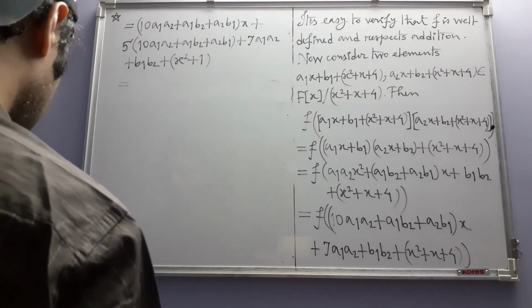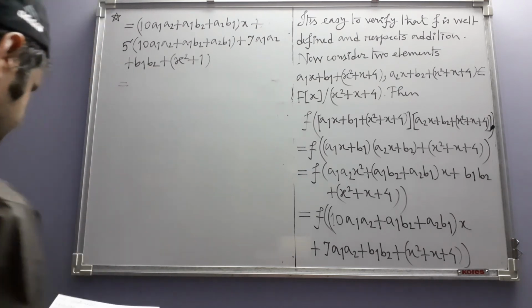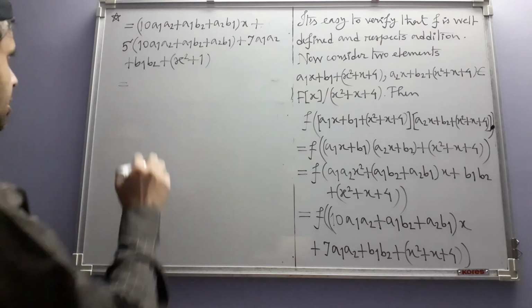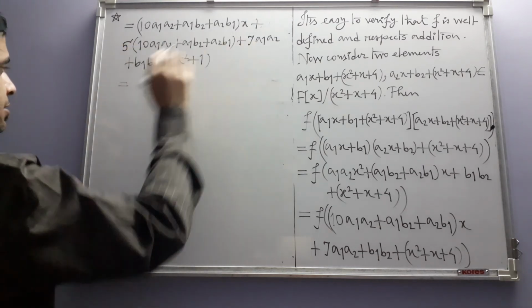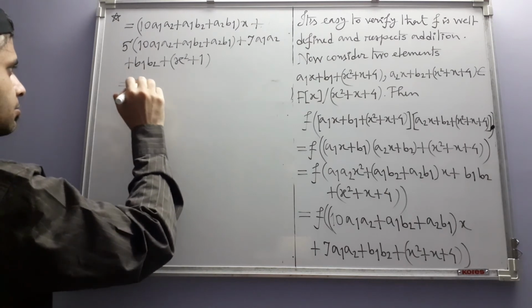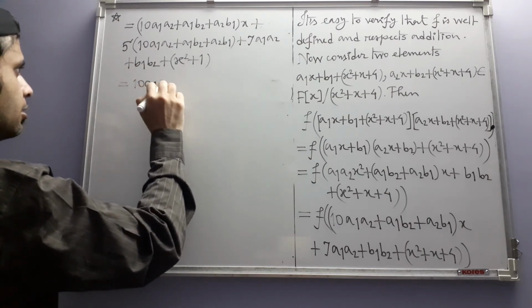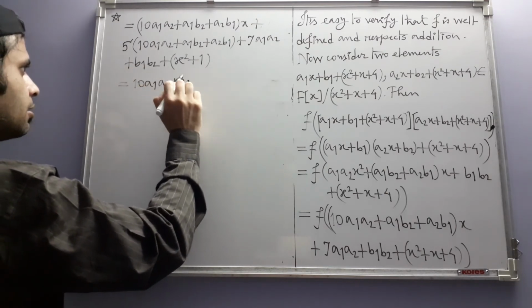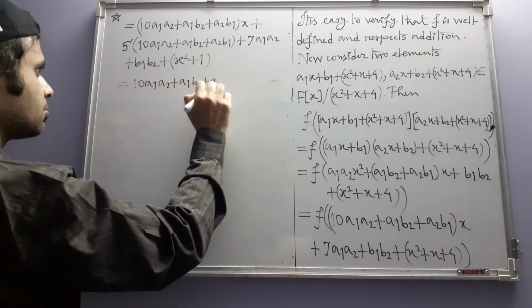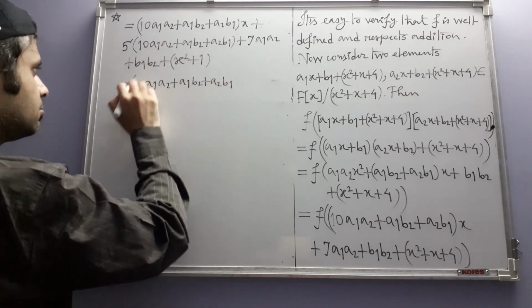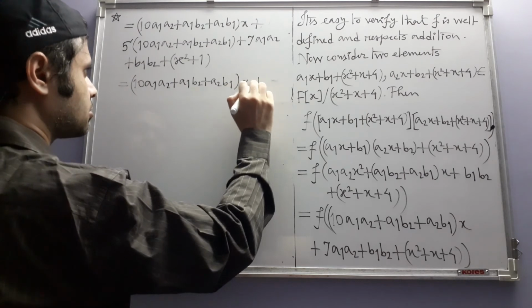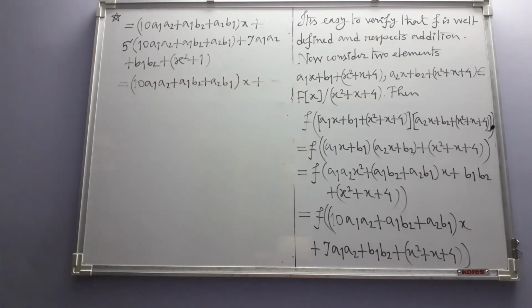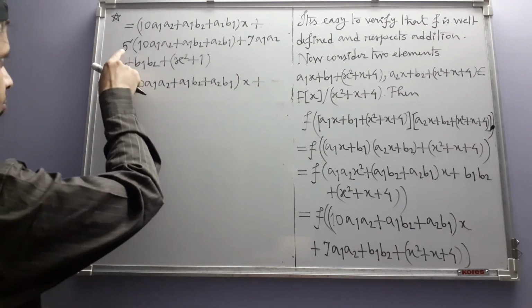Right. So now what do we get? Now we have to simplify things. The first term stays like that, 10 a1 a2 plus a1 b2 plus a2 b1 x plus, and now here is the simplification.